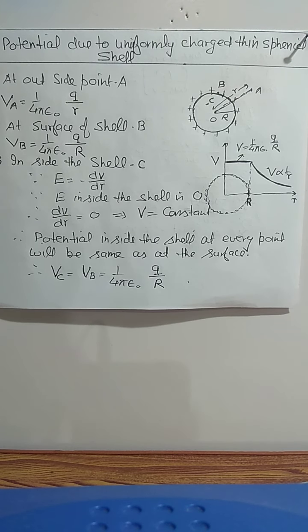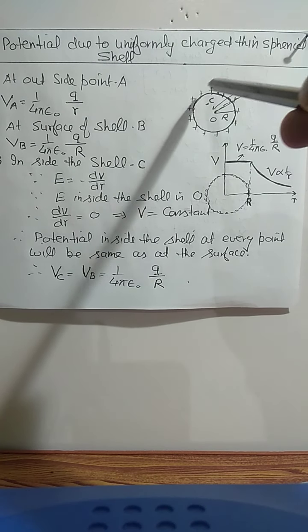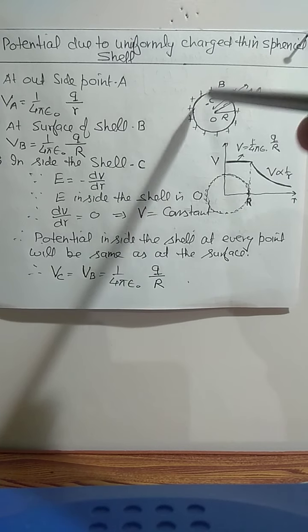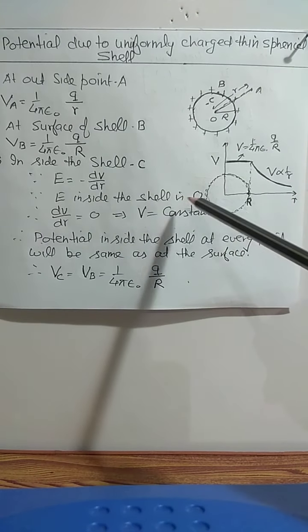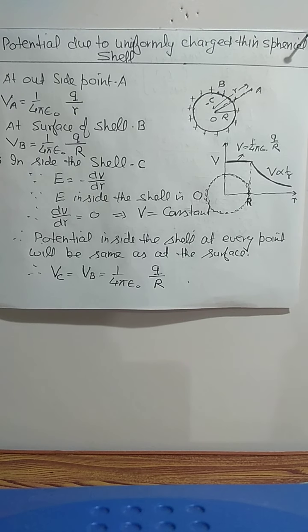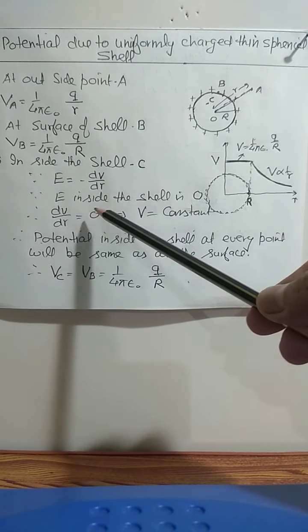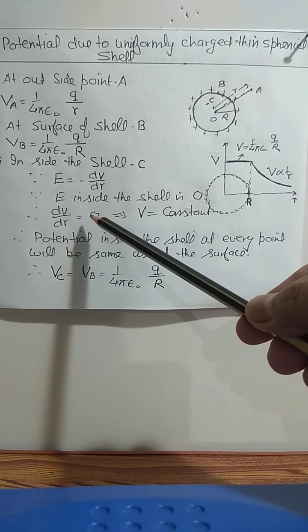And you also know that the electric field inside the spherical shell is what? E inside the shell is 0. So therefore dV upon dr is equal to 0, which gives V is equal to constant.